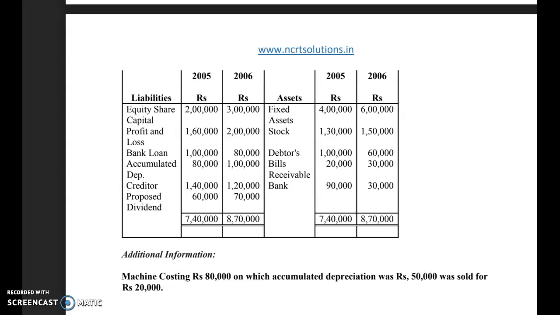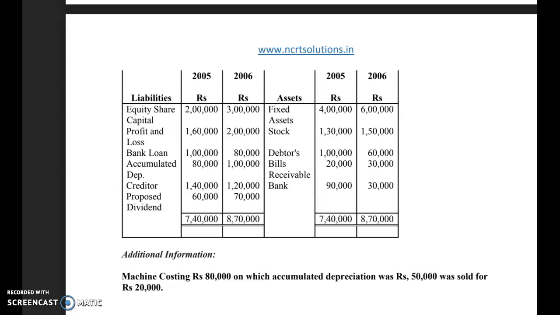Now, relating to the proposed dividend or provision for dividend: if it appears on the liability side of the previous year's balance sheet, it must have been paid during the year, and it will be shown as a payment under the heading cash flow from financing activity.